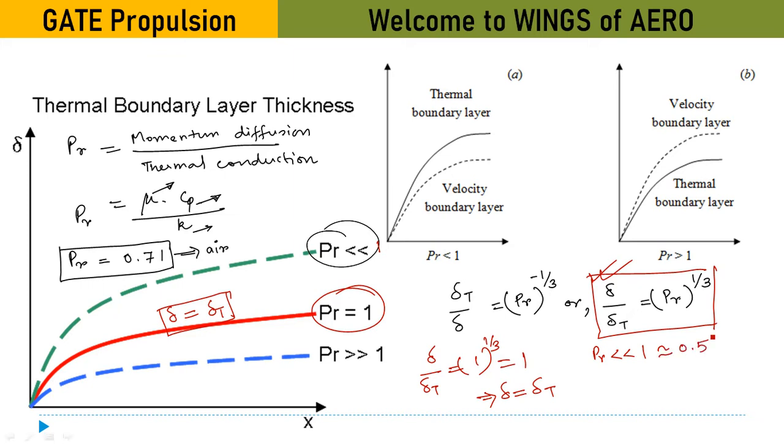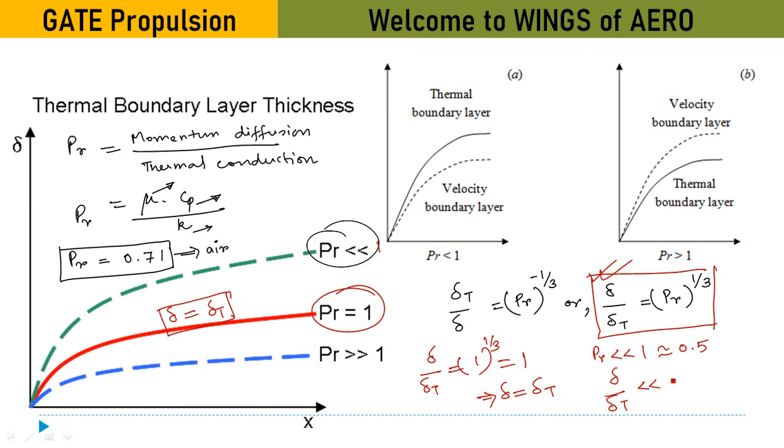What will be the relation? Which one is going to be greater? If del by del T is less than 1, so del is going to be smaller.